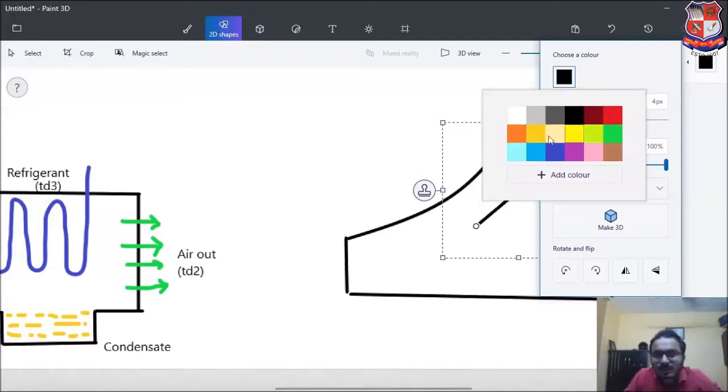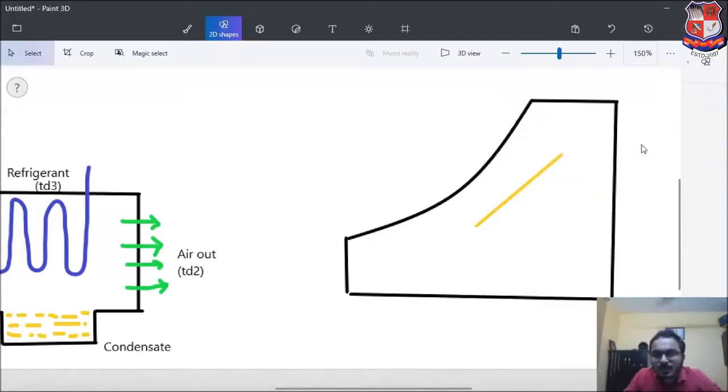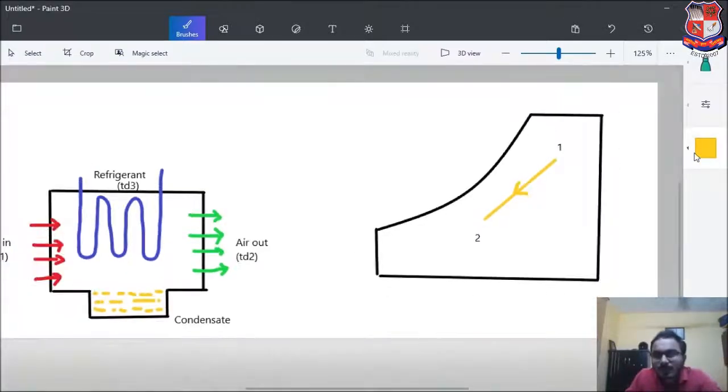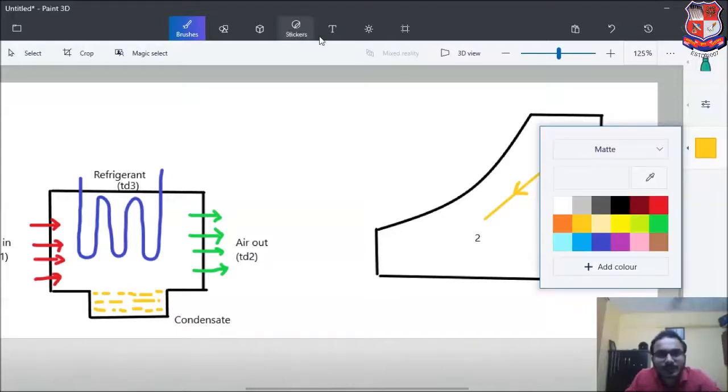So let us denote this with this color. So here this will be our initial point. So this will be point number 1. And this will be our point number 2, and the direction will be this.